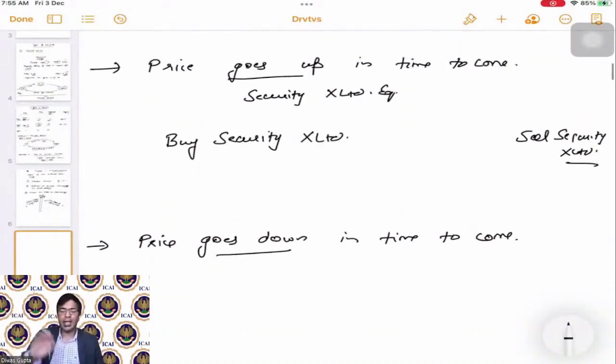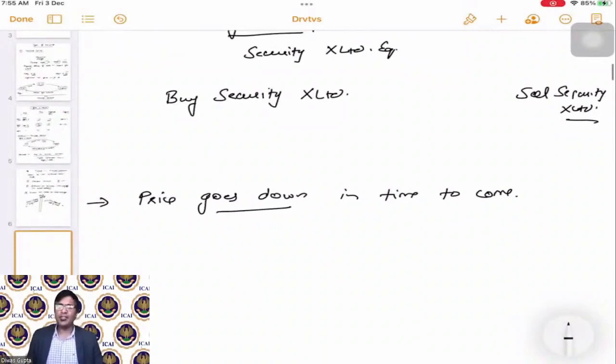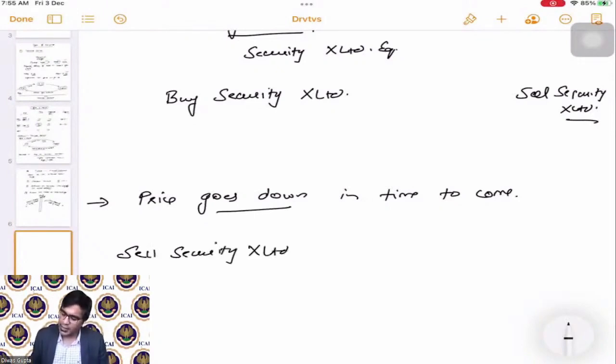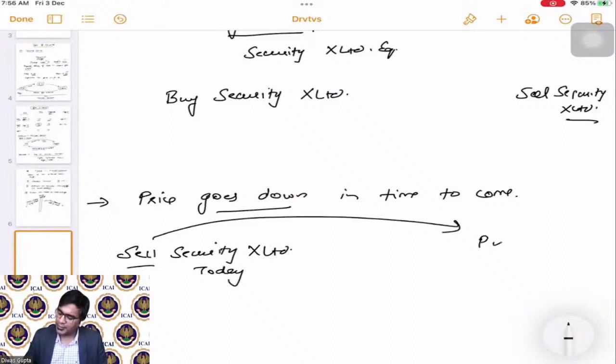Here I don't want to explain the difference between futures and a security. What I'm trying to say is that if there is information that I possess that the price is going to go down, I will sell the security of X Limited today and purchase it afterwards.